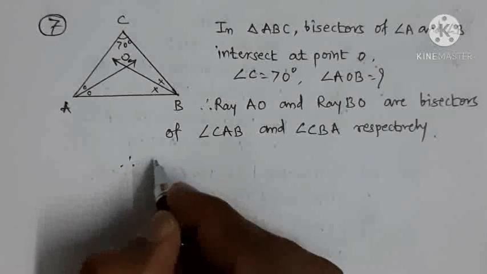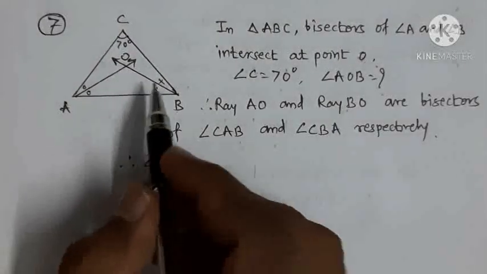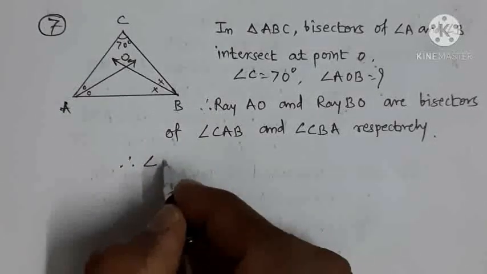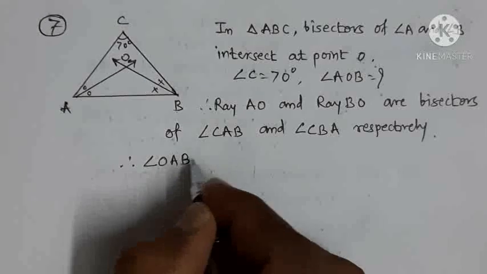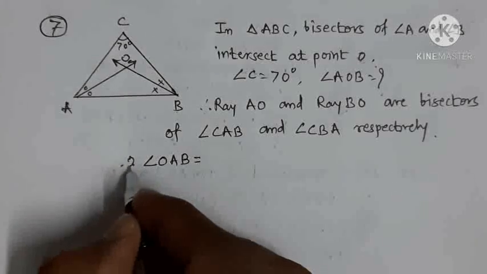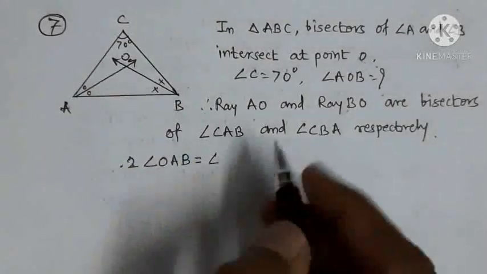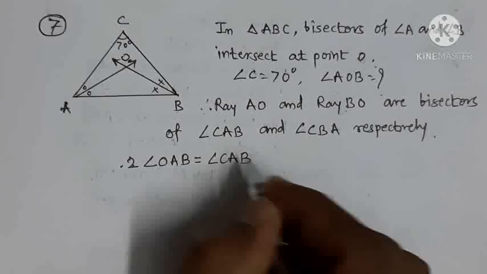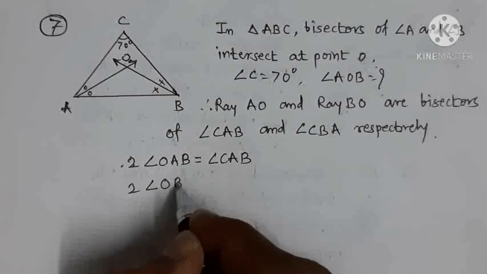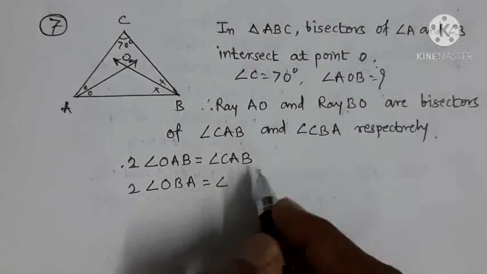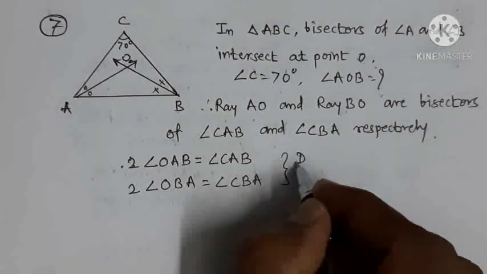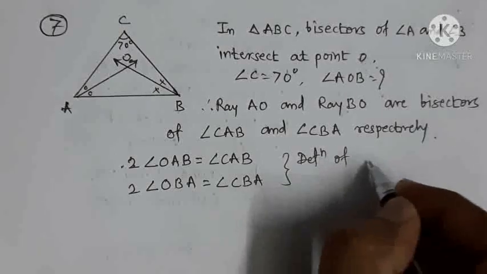Therefore, now here put the value of angle OAB. 2 times angle OAB is equal to angle CAB, and 2 times angle OBA is equal to angle CBA, because definition of angle bisector.